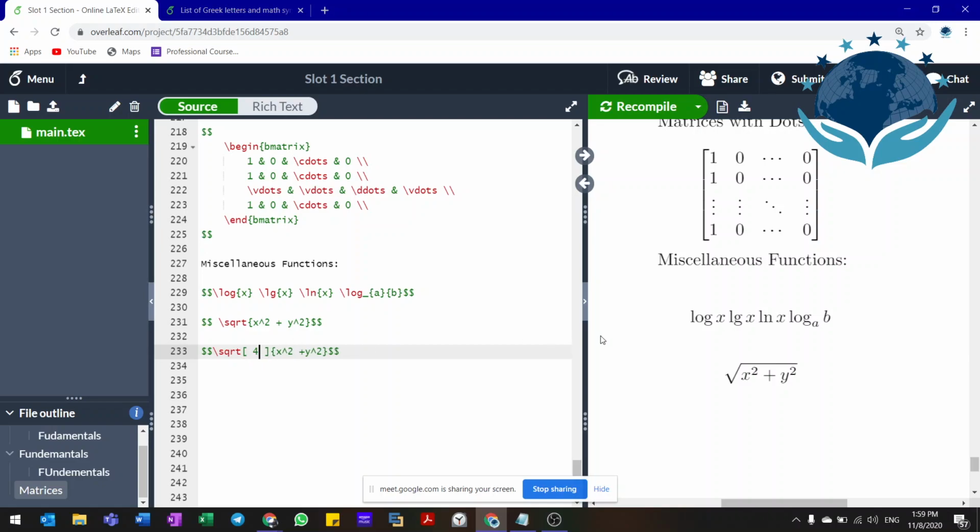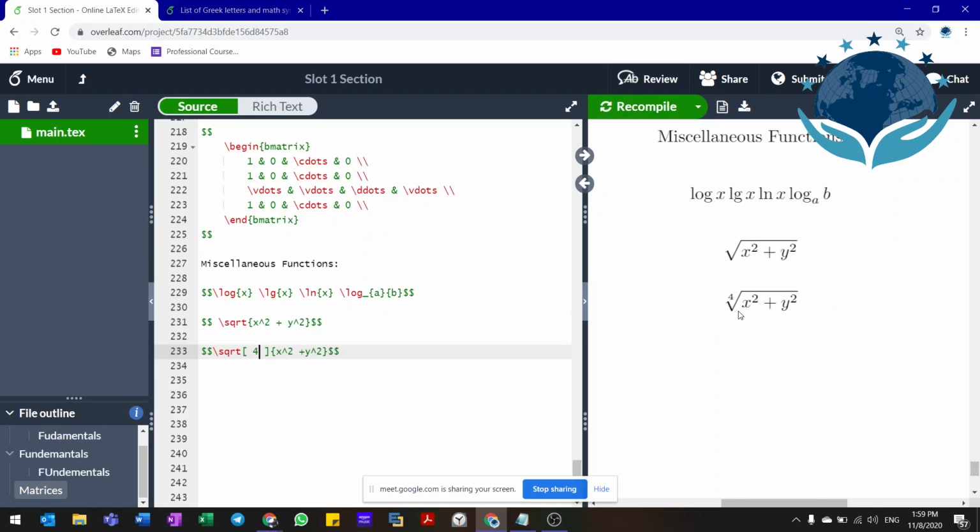So you can enter 4, which is the fourth root. You can see the fourth root of x square plus y square. Instead of that, you can have the nth root also. This is how the square root and nth root work.